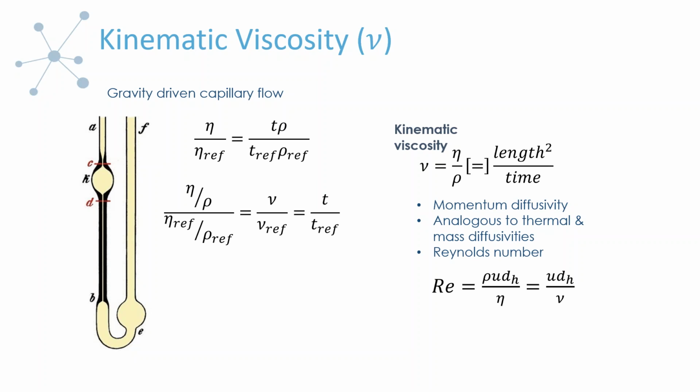So you generally have some sort of reference fluid, and you would first measure the time it takes for this fluid to drain through the tube. You would get your data for the reference fluid, and presumably if it were water or an organic solvent, you would be able to find the value of the reference viscosity, and then the reference density.